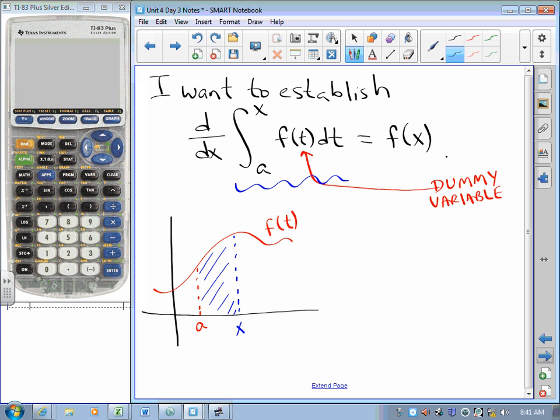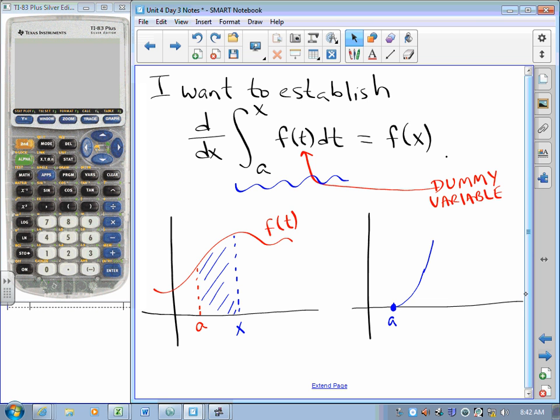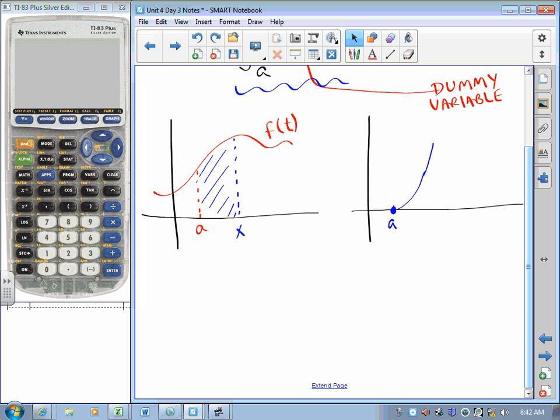So you can imagine out here somewhere at a, this blue function is 0. And then as we get further and further away from a, the blue function adds more and more area all the time. What I'm looking to establish is that the derivative of the blue function is the red one.